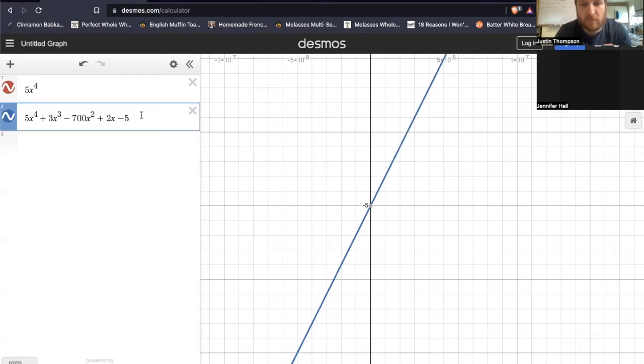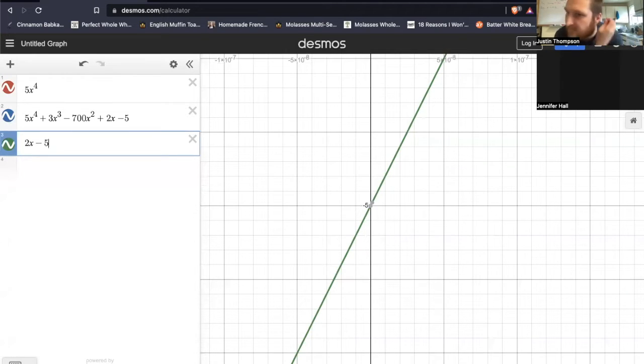To drive that point home, let's just graph 2x minus 5. Oh, it's right on top of it, isn't it? And that's because when we're plugging in very small numbers and you raise them to the 4th power, to the 3rd power, you're making them even smaller.